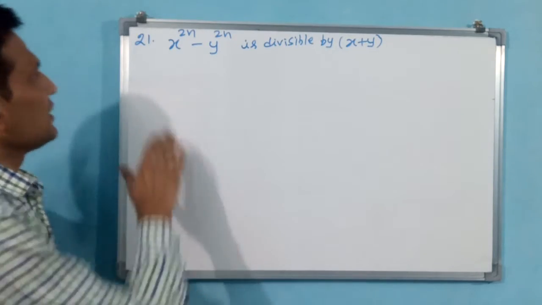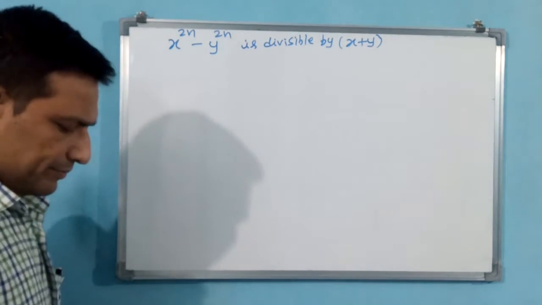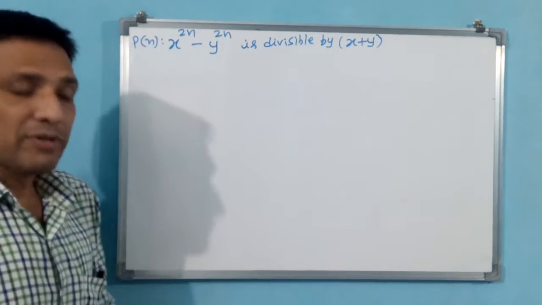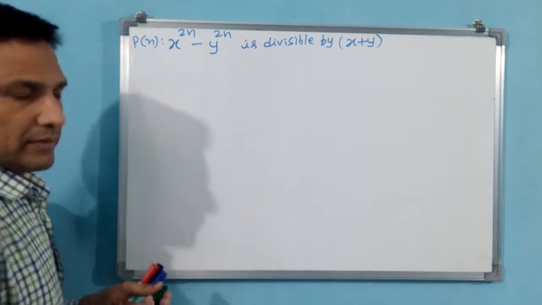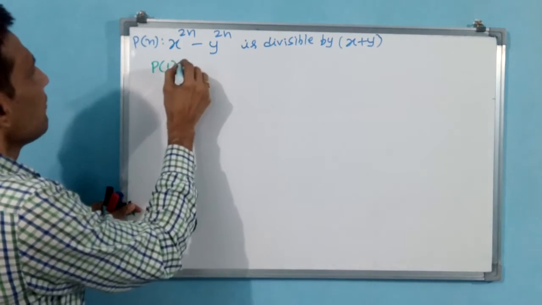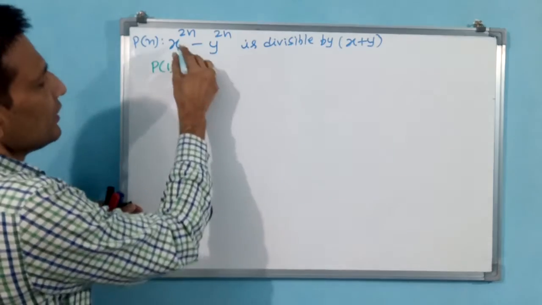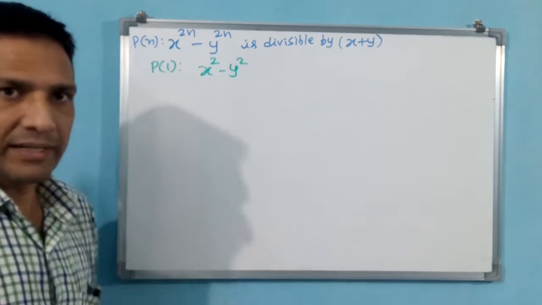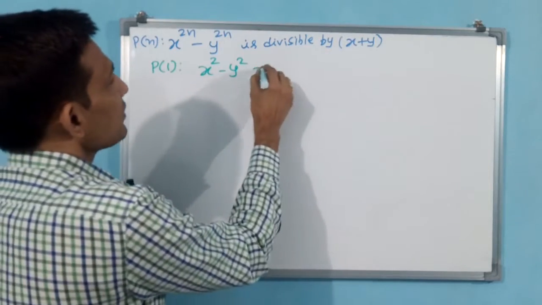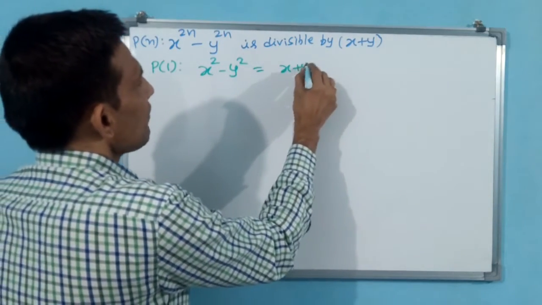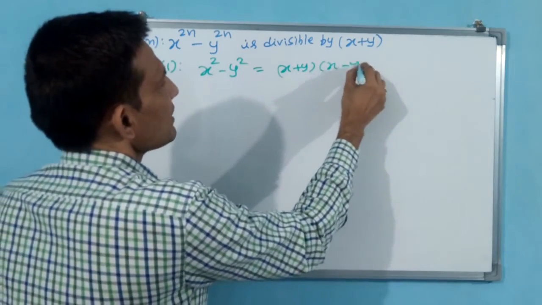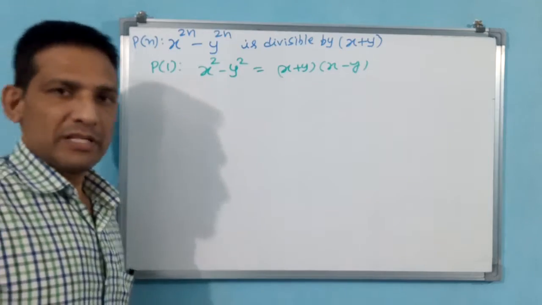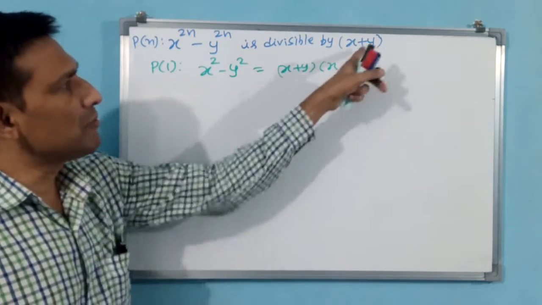First step is over. Second step I am doing this as P of n. Now second step also over. Third step is to be P of 1. Write down P of 1. You see, x power 2 minus y power 2 will come. Is it correct? But this also I can write as x plus y into x minus y. a square minus b square, a plus b into a minus b. Now you tell me, is this divisible by x plus y?